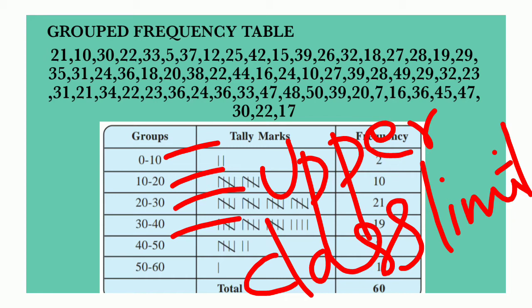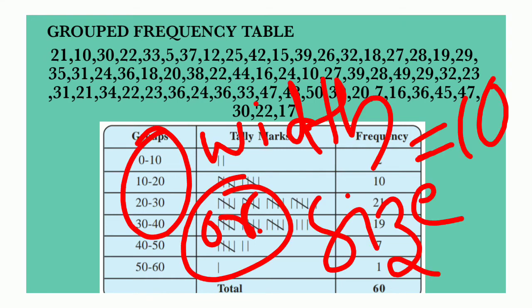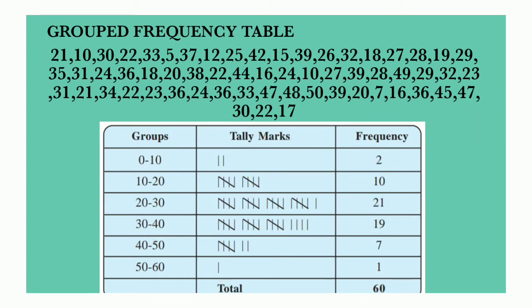So in 10 to 20, 10 is the lower class limit and 20 is the upper class limit. The difference between upper class limit and lower class limit is known as width or size of the class interval. In this table, the width is the same, equal in all intervals.